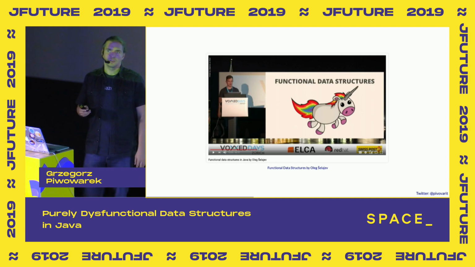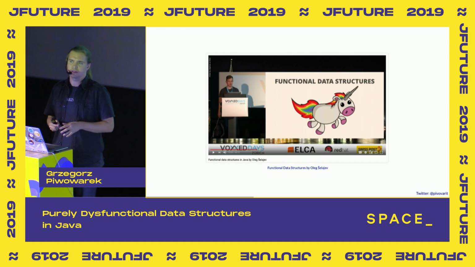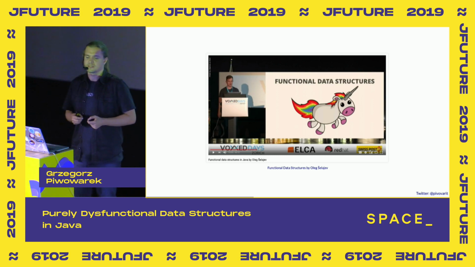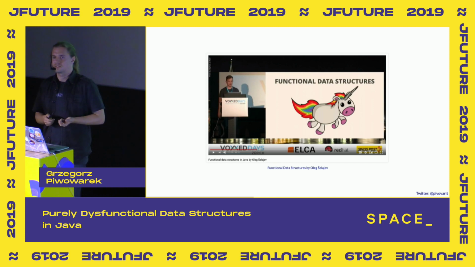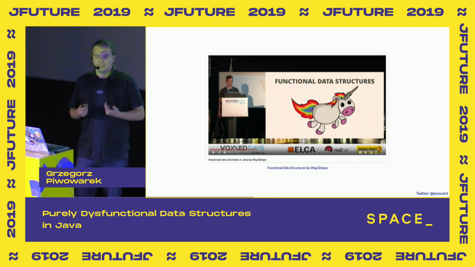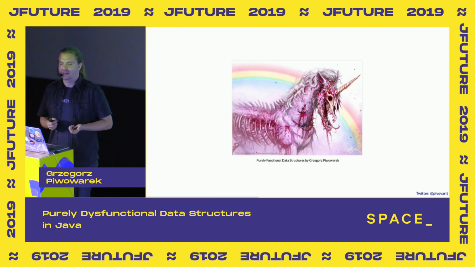And the way I'm introducing this slide is that he illustrated those concepts with this cartoonish picture of a unicorn. And I truly believe that this image is scientifically incorrect. Because after playing around for some time with those data structures and functional concepts, I can agree that that's a unicorn, but the more realistic example looks like that.